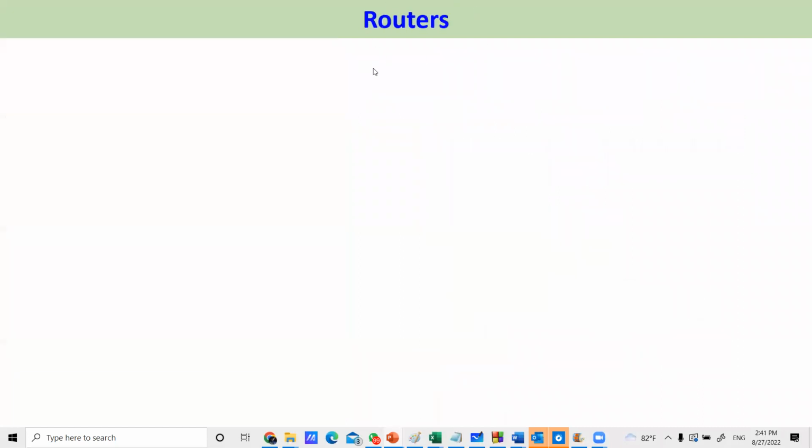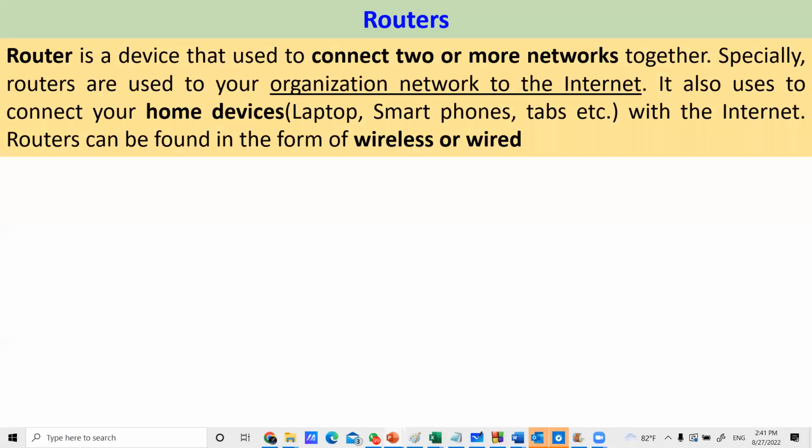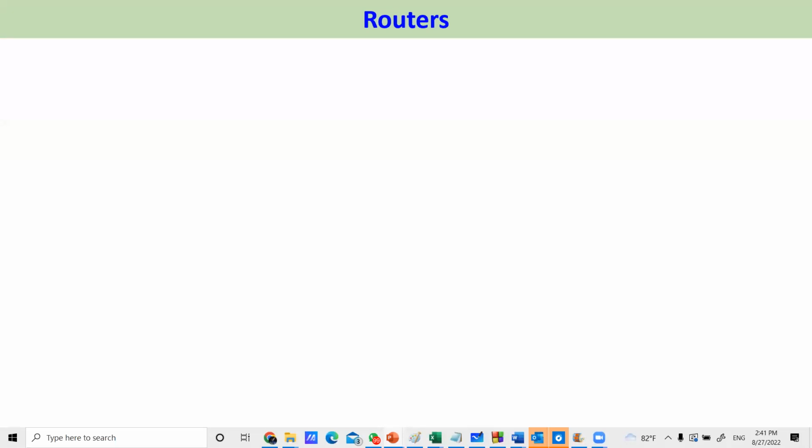Then another device called routers. Actually, routers are normally used to connect your network system with the internet.